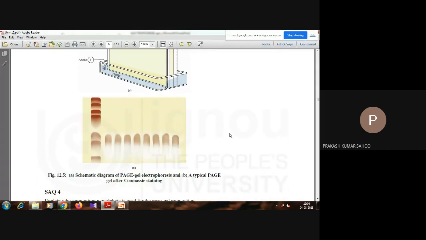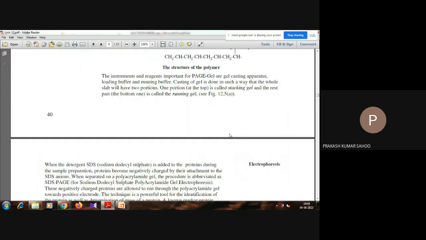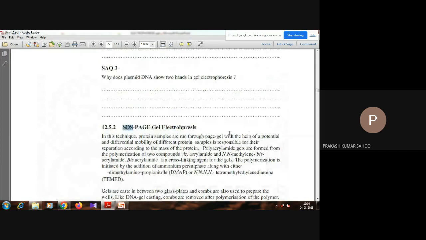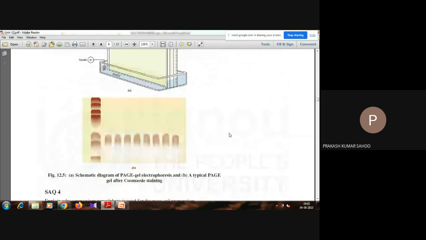Then with the help of ethidium bromide and some dye effect, we will have spots. That is the migration of the ions towards the electrode.